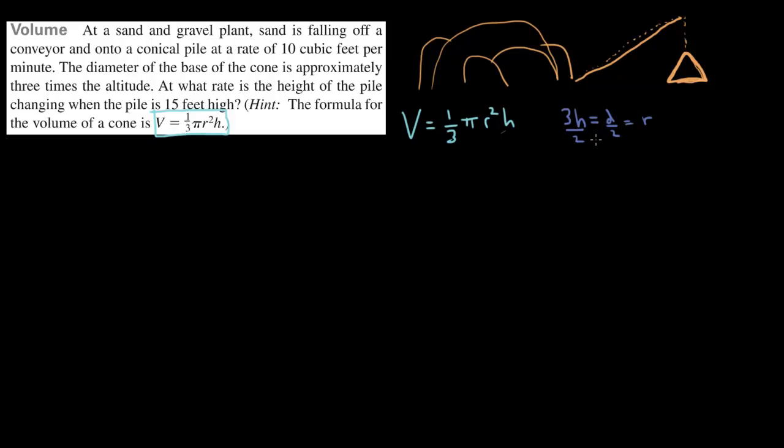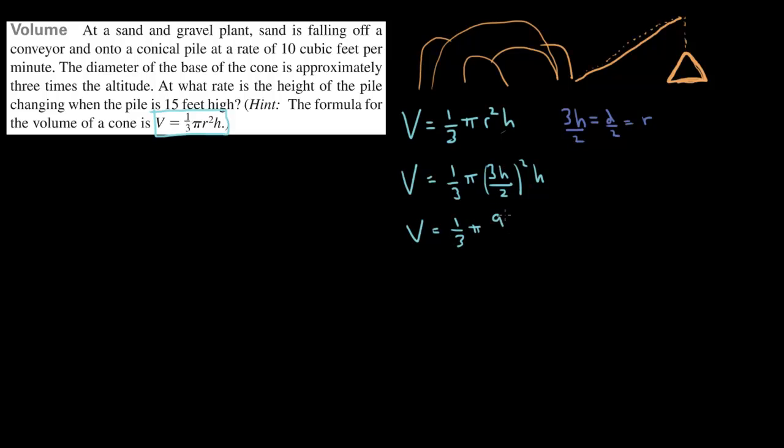3 halves the height. So if we go over here, we can rewrite our volume equation and say that volume equals 1/3 pi. But what's radius? That's 3h over 2 squared times h. So volume equals, let's see, 1/3 pi.